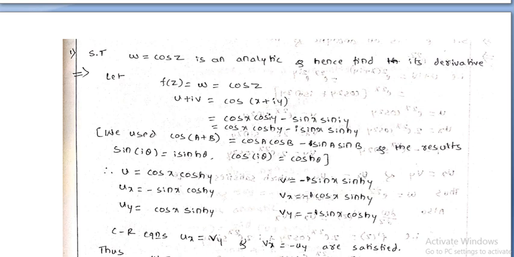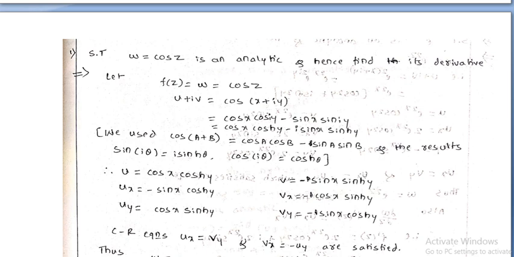So cos iy is cosh y and sin iy is i sinh y, into sin x. Now we separate the real and imaginary parts. So u is cos x cosh y and v is minus sin x sinh y. u is the real part, v is the imaginary part.